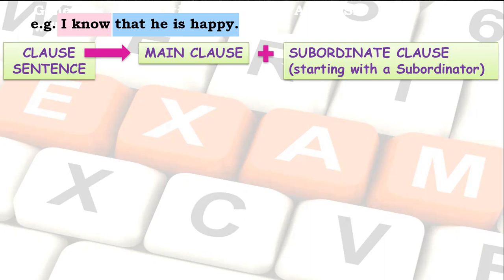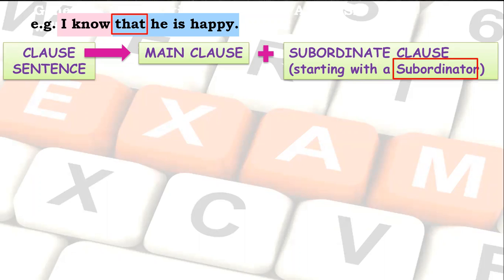But which conjunction? A subordinating conjunction, or we also call it a subordinator. So where is it? Well, that is the subordinator here. That is a conjunction, and we know a conjunction always connects two phrases, two clauses, two sentences, and so on.